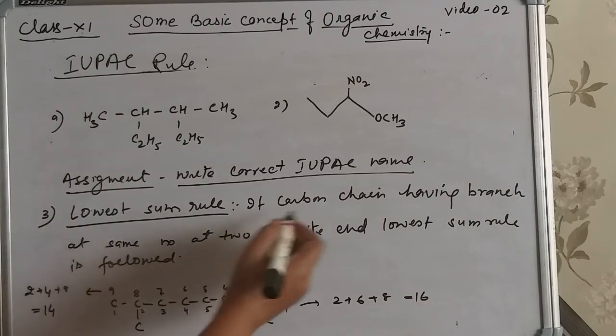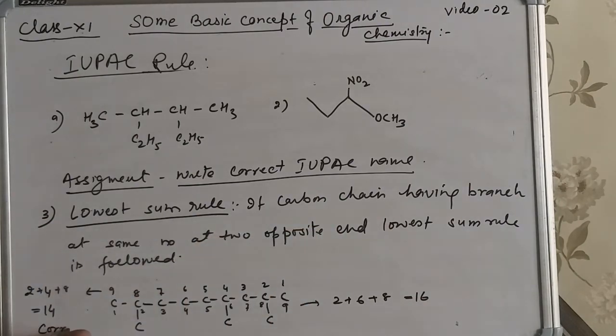So according to the lowest sum rule, this is the correct order and the other will be the wrong method of numbering the branches. So according to this rule, you can write the correct IUPAC name of the given compounds. The name of this particular compound will be 2,4,8-trimethylnonane.